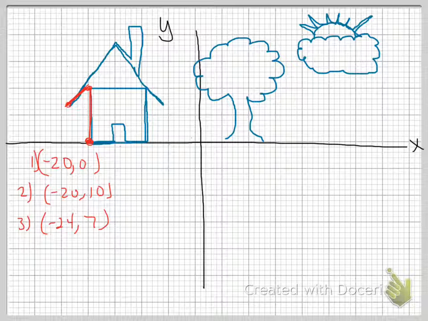My next line, I'm going to try to go here. Since I know that's 20, this is negative 15. So my fourth one is going to be negative 15, and let's say it's 5, 10, 15, 16, 17, 18. Then it's going to draw a line from the last point to this point here.